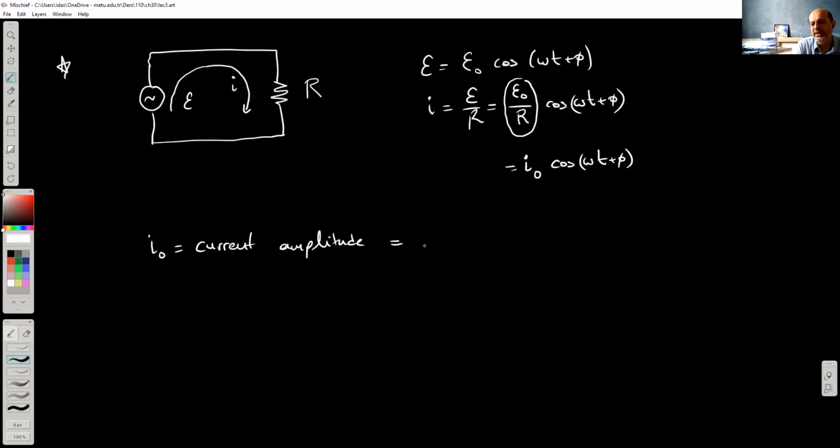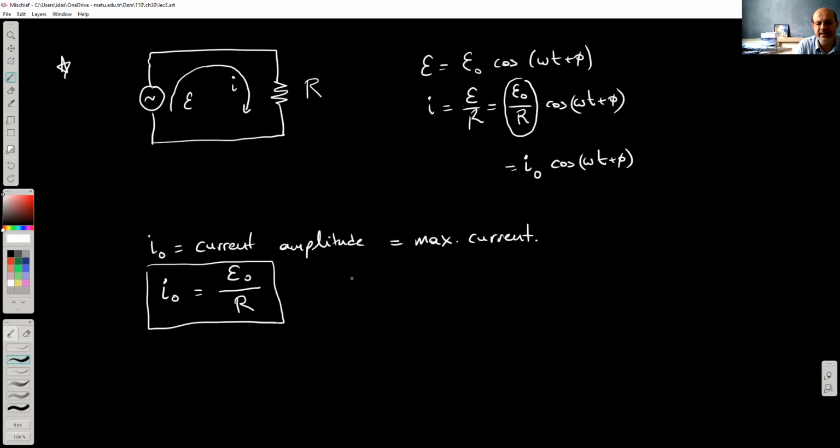Just think of it as the maximum value of the current. It says that the maximum current in this kind of circuit is equal to the maximum EMF divided by the resistance. It's just the usual Ohm's law. There's nothing complicated in here.